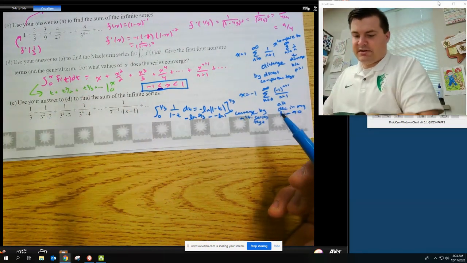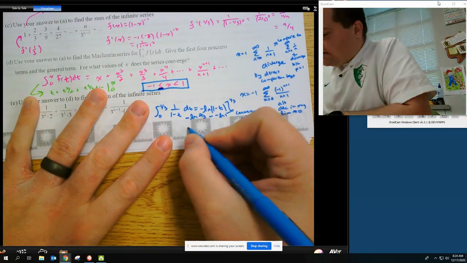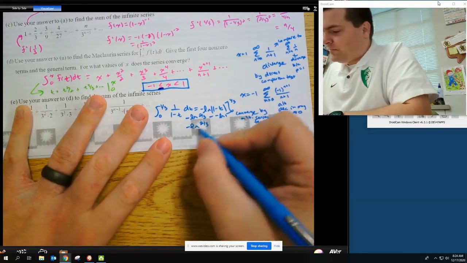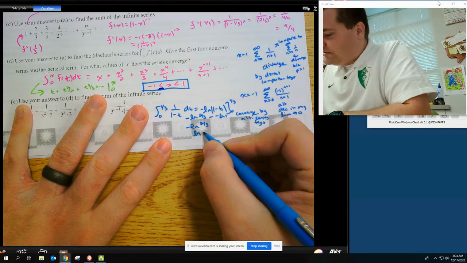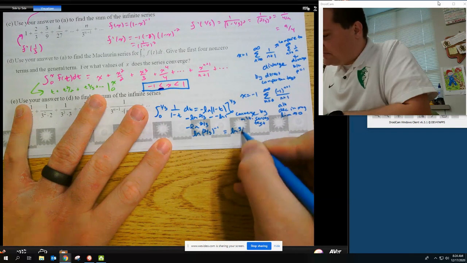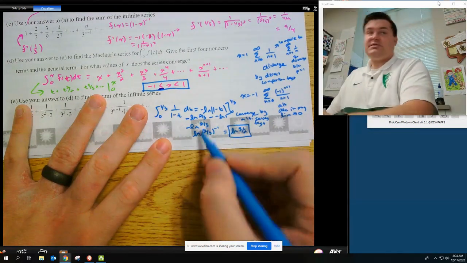So I'm left with negative ln of 2/3, which, by the way, we can put as a power. So it's ln of 2/3 to the -1, which is the same thing as ln of 3/2. So any one of these answers is good right there.